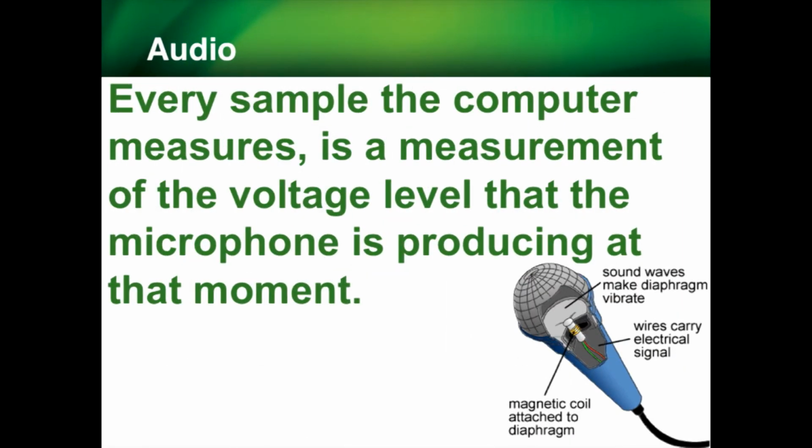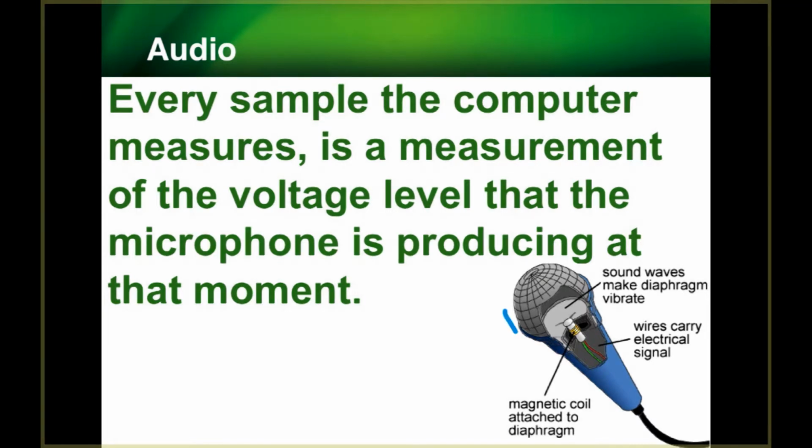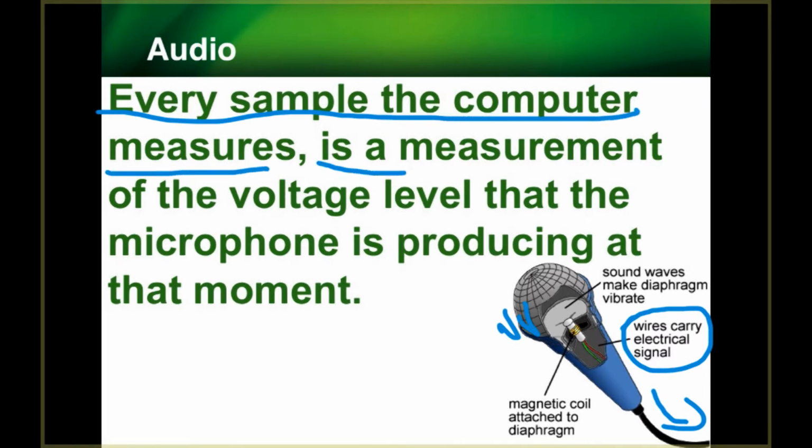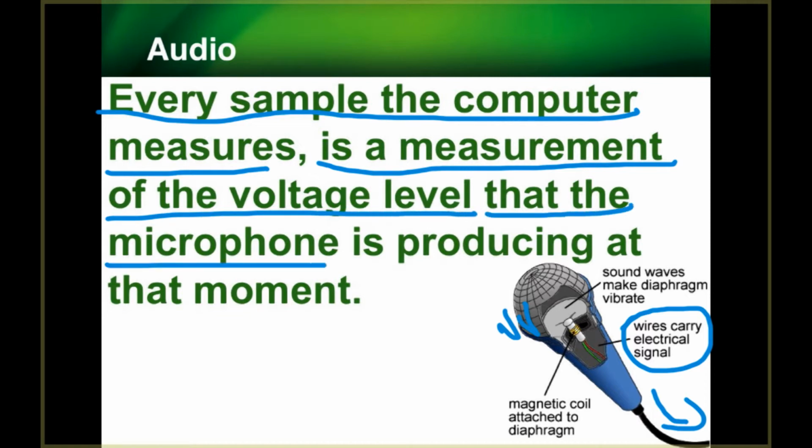Well, it comes down to what we talked about a few lectures ago on how a microphone sends its signal. You have that diaphragm with the magnet and the wires, and it vibrates around, and just like in a power station, it creates a current, and it sends that electrical current down the wire. Computers are very good at measuring electrical current. So every sample the computer measures is a measurement of the voltage level that the microphone is producing at that moment.